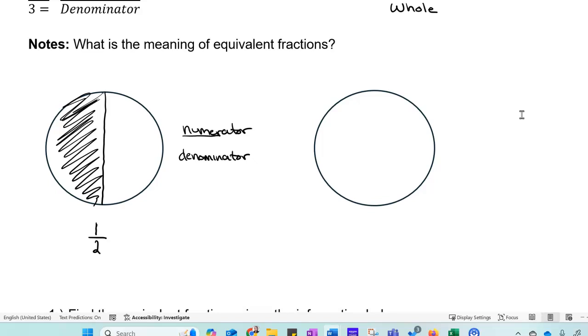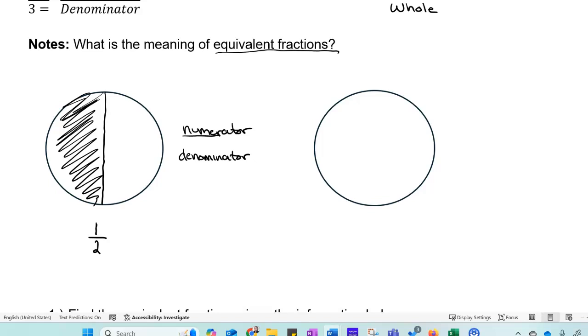The number on the top is the number of pieces of that total that something's been done to. Now there's something called equivalent fractions. So notice right here, I have equivalent fractions. That means the 2 fractions are actually the same quantity. They look different, but they refer to the same amount.